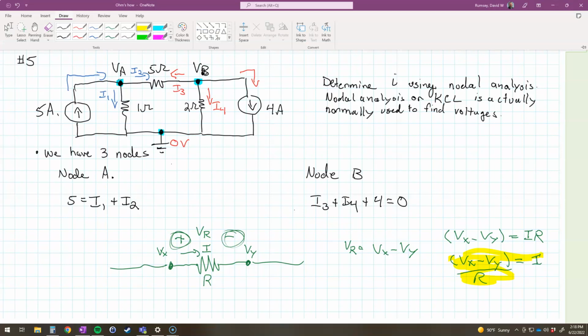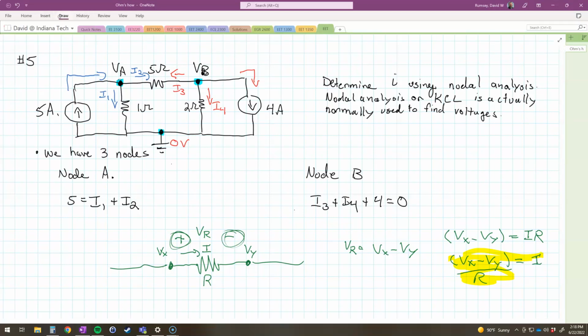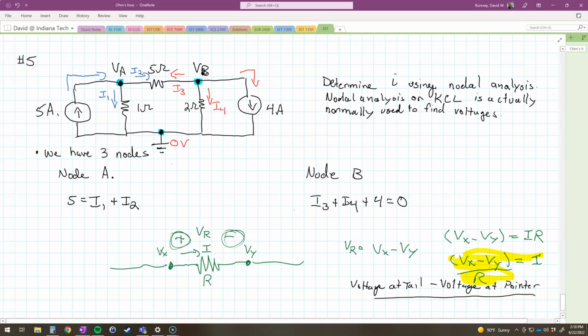It will always be voltage at tail minus voltage at pointer over the resistance. So the voltage at tail will be the node you are in.